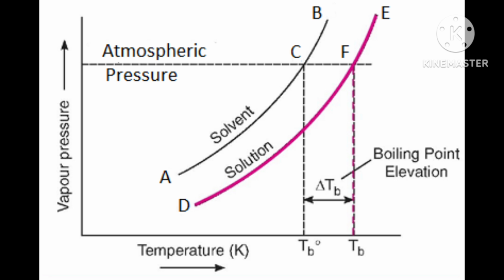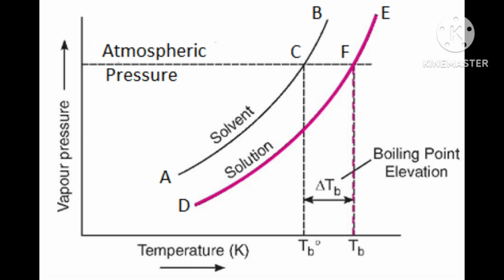Now, the relative lowering of vapor pressure, which means (P1 naught minus P1) divided by P1 naught, is called the relative lowering of vapor pressure. It is equal to W2 divided by M2.